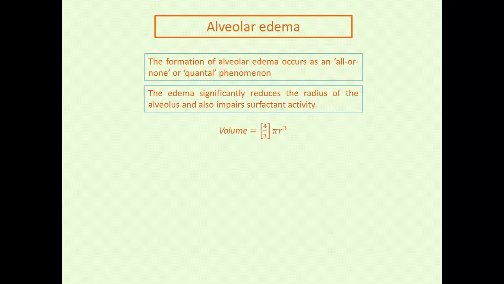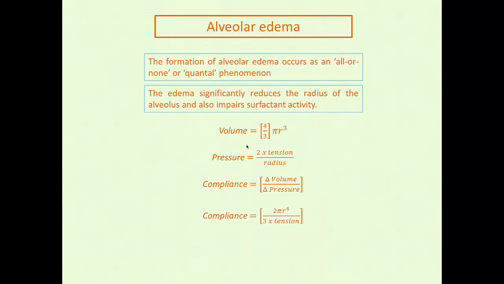So by a simple mathematical relationship, if you assume that the alveolus volume is that of a sphere, it's 4/3 pi r to the third, and that pressure by the law of Laplace of the sphere is two times the tension in the alveolar cells, or in this situation the tension on the type 1 pneumocytes, divided by the radius of the alveolus, then you can plug it into the compliance equation, which is change in volume over change in pressure.